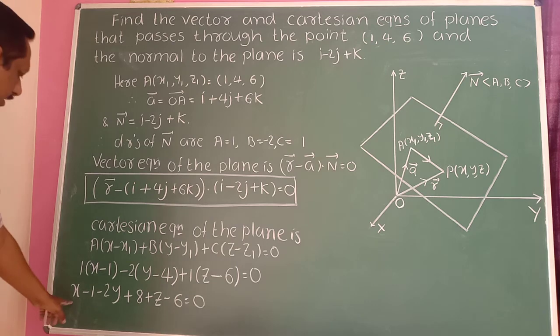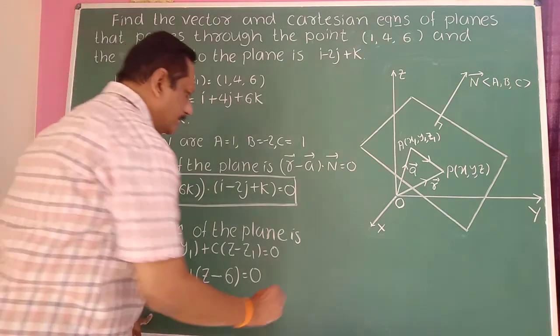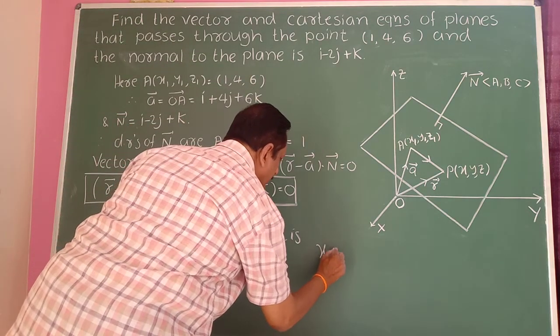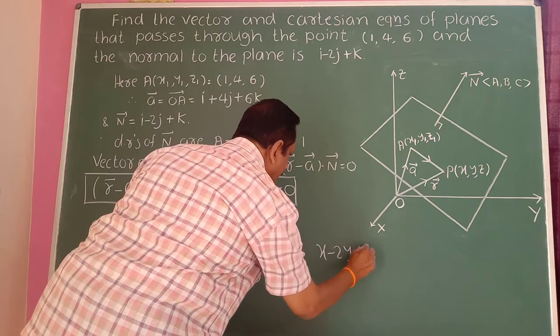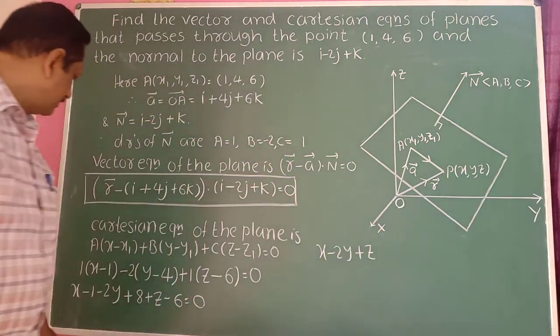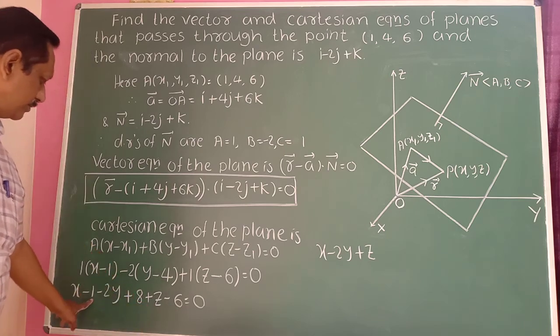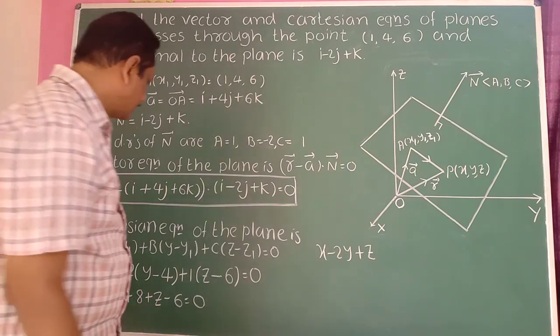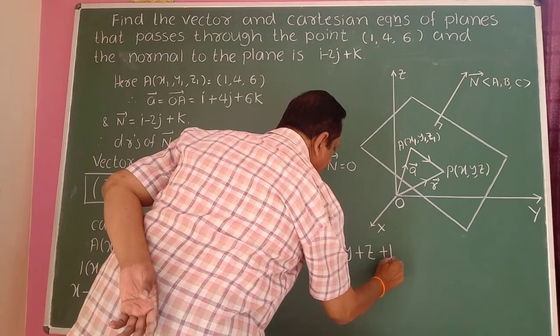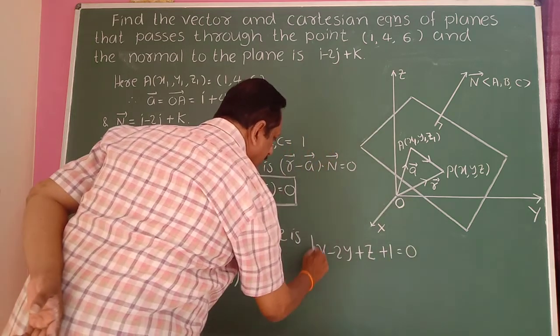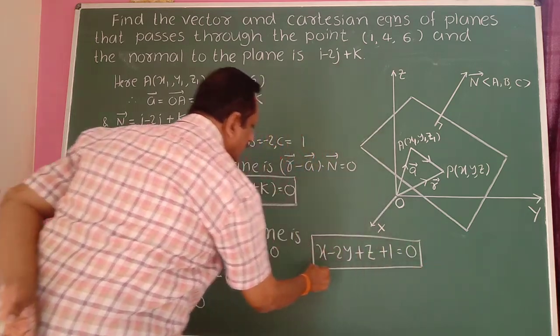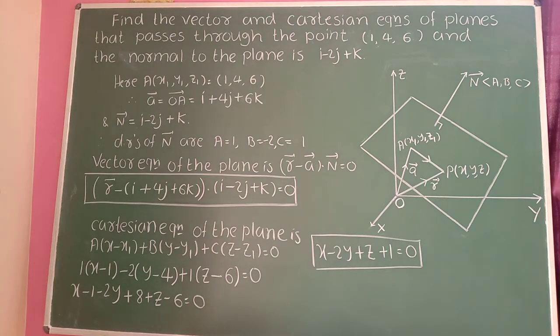So x − 2y + z, then 8 − 6 becomes 2, 2 − 1 is 1, so plus 1 is equal to 0. You can also take the plus 1 to the right hand side and write −1 on the right hand side. Therefore this is the equation of the plane in Cartesian form.